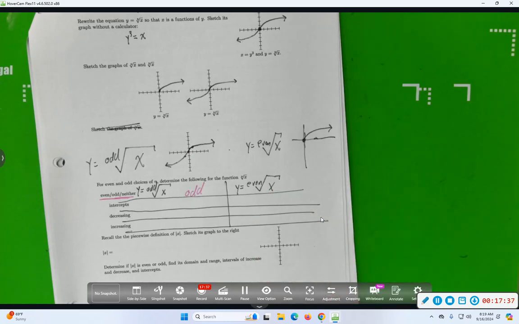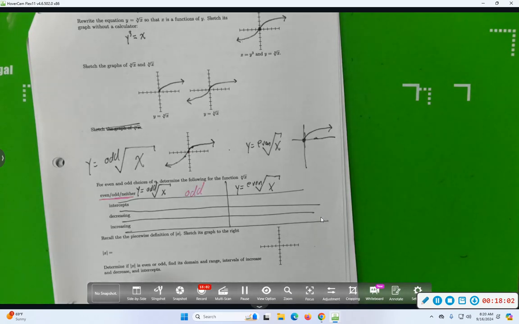The even root functions. Even, odd, neither, or both. Even? Odd? Neither? Both. Cool. Let's give a quick check. So how can you detect evenness from a graph?